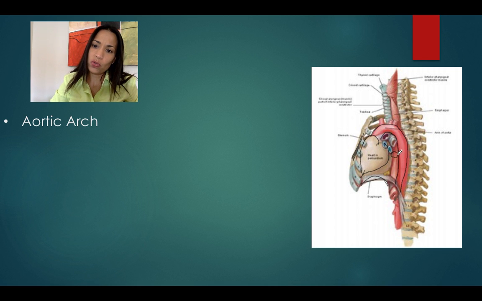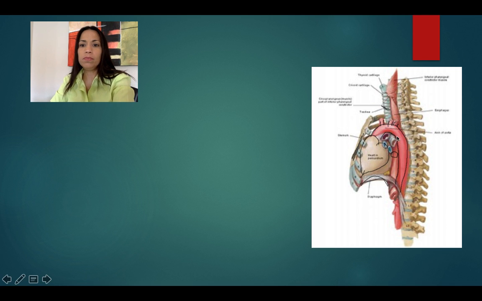Right here to its right, we can see the esophagus, and right in front of the esophagus, which is part of the digestive system, we can see here the trachea, that you can touch, which is part of the respiratory system. And in here we can see the three main branches of the aorta.